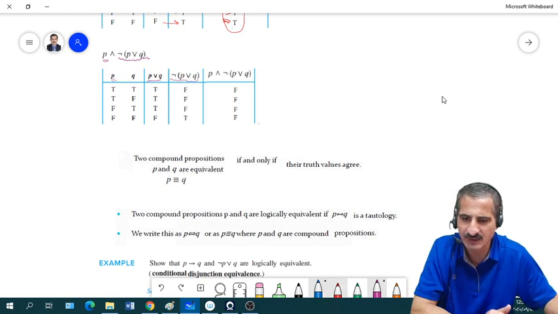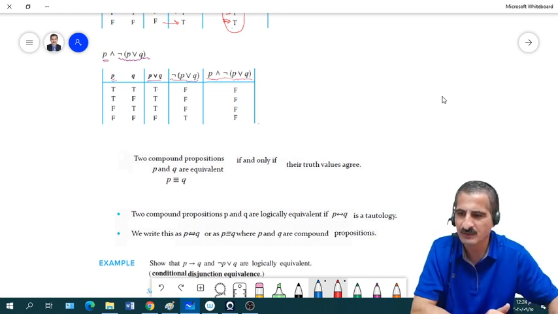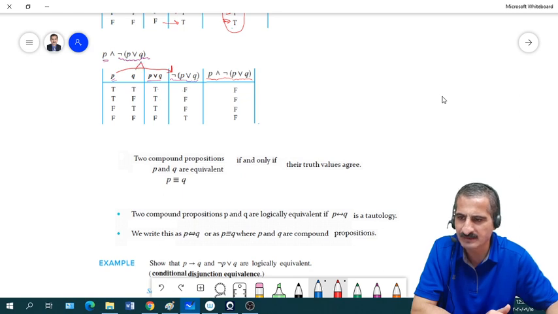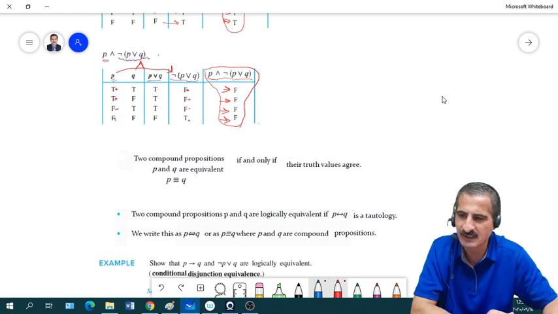Now to obtain the truth values of this compound proposition, we must go from not P and not Q, and we will join them with a conjunction, with an and. So true and false gives false. False and true gives false. False and false gives false again. False and true gives false. Therefore, this compound statement is false all the time, so it is a contradiction.